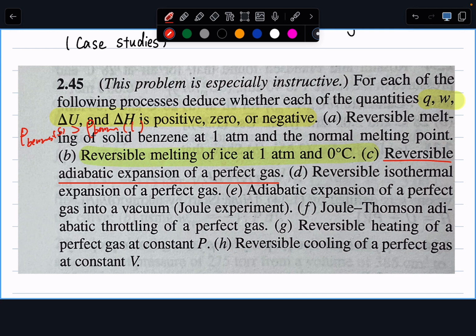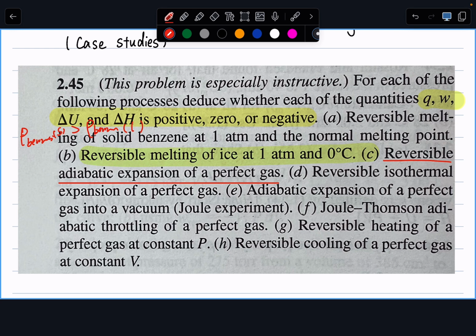So problem C. Well, we have reversible. So that tells us we have dW reversible equals negative PdV.